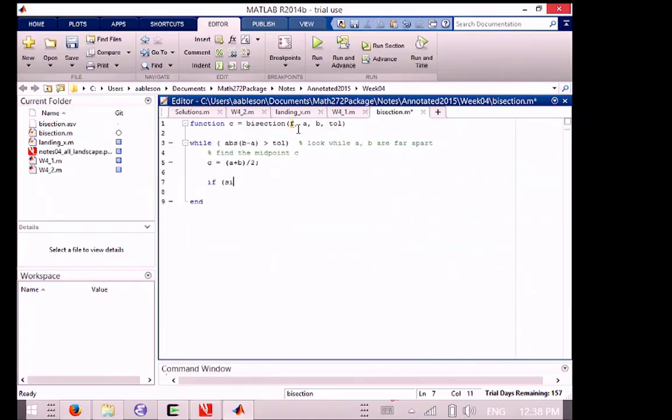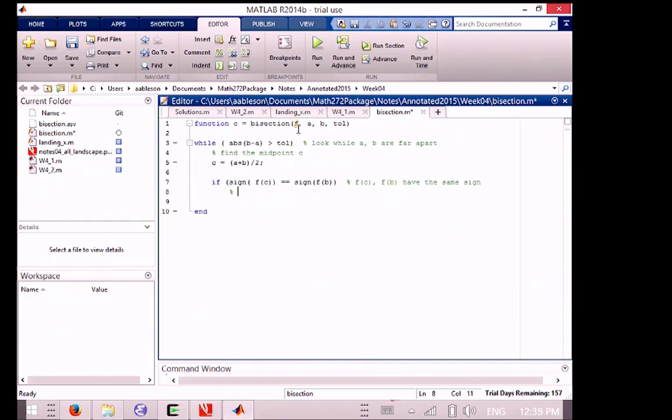If the sign of, let's put c first, that's the one we just calculated, is equal to the sign of f of b, then that means f of c, f of b have the same sign. Seems a little redundant. Then we can replace b with c. B gets replaced by c. That's the majority of it right there.